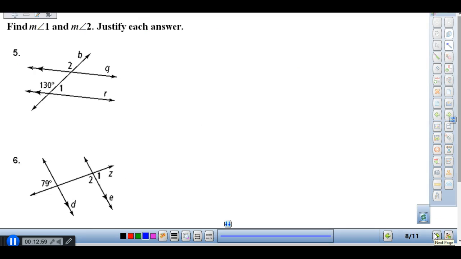So this guy's 130. What's angle 1? 50, y. Linear pair. Angle 2 would be y. Why? Corresponding, yep. Good.